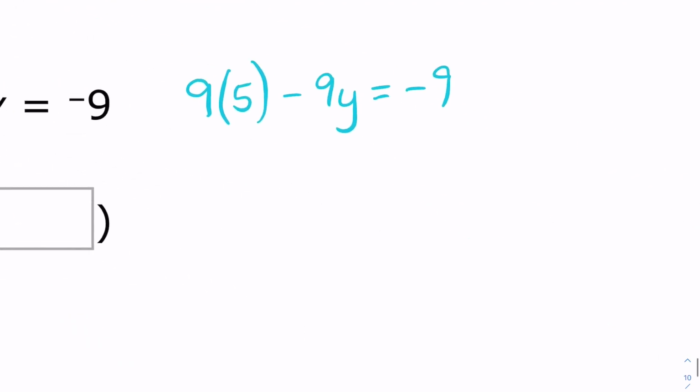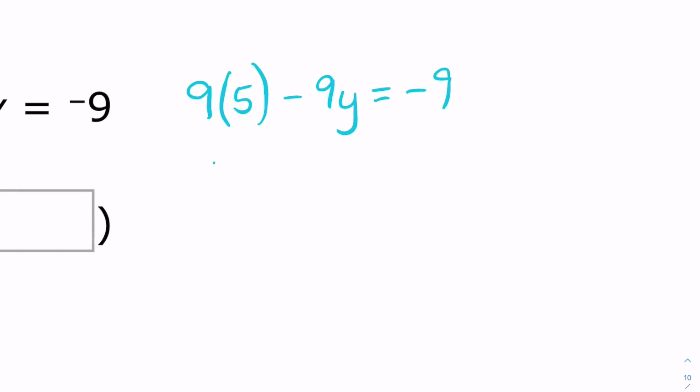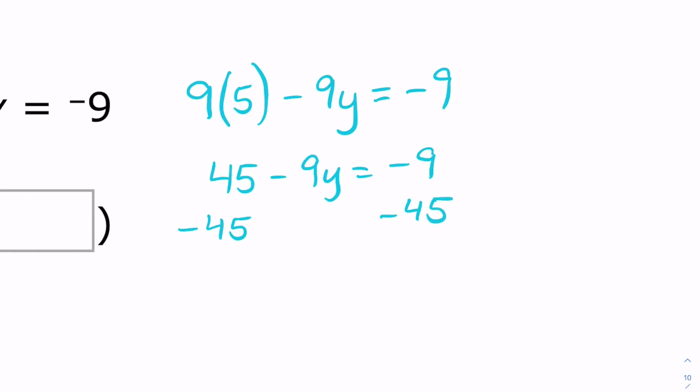And I'm just going to do the math out. Okay, so 9 times 5 is 45. And I rewrite the rest of it. I take 45 away from both sides.